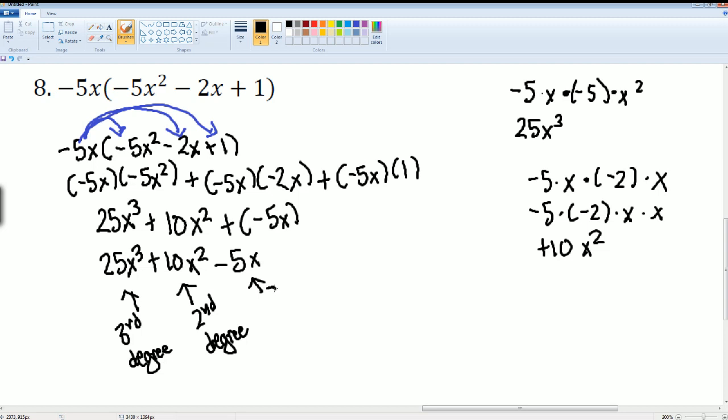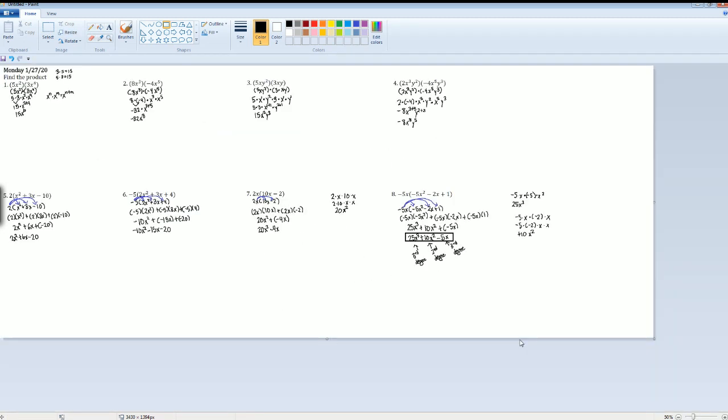And this is the first degree. Okay. I want you to notice that you cannot combine these further. So this, let's see if I can make a box. Your final answer. Okay, all right, there you go. And I think that's it. Yeah, so those are all the problems.